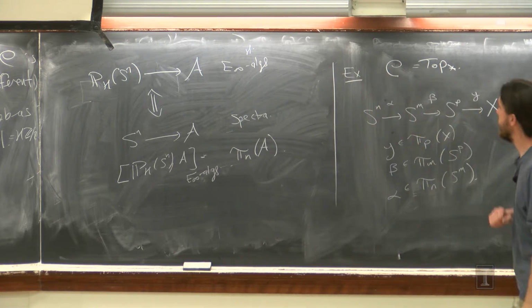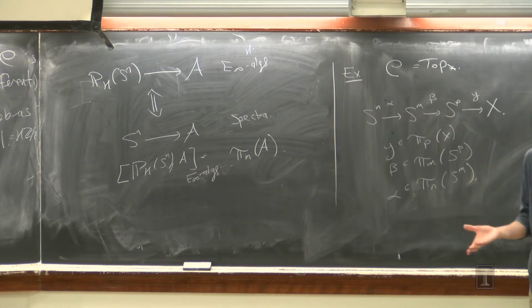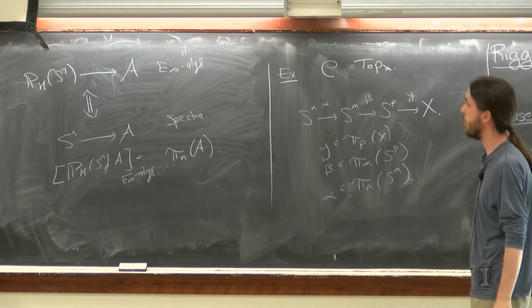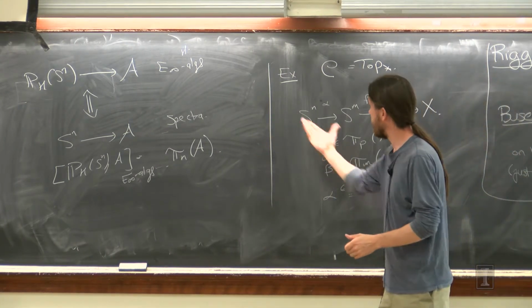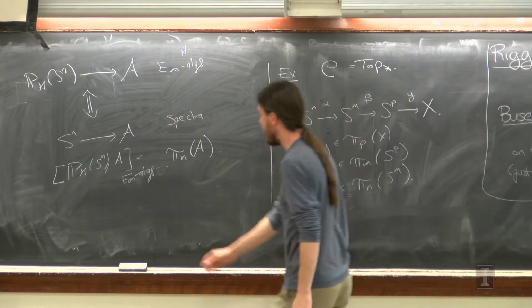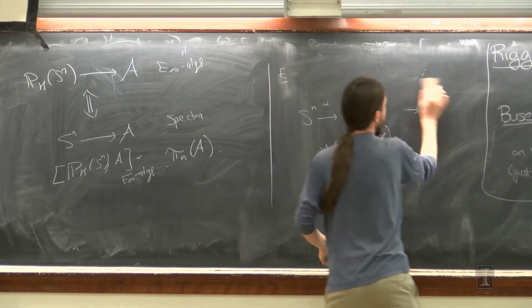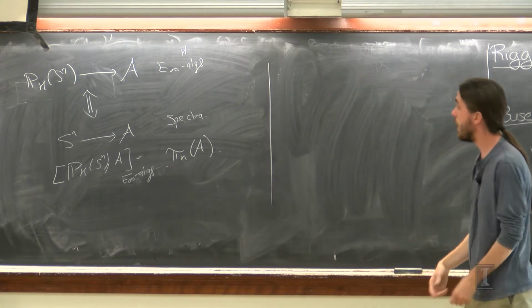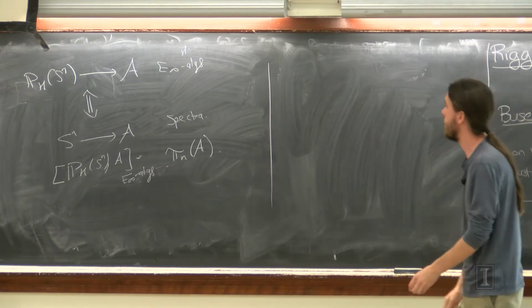So just as with spheres over here, we have certain nice representing objects so that maps out of them are homotopy elements. And the same way as with these and with those, the Yoneda lemma says that if we calculate the homotopy groups of one of these free algebras, that tells us about all the natural transformations we can have on homotopy groups.